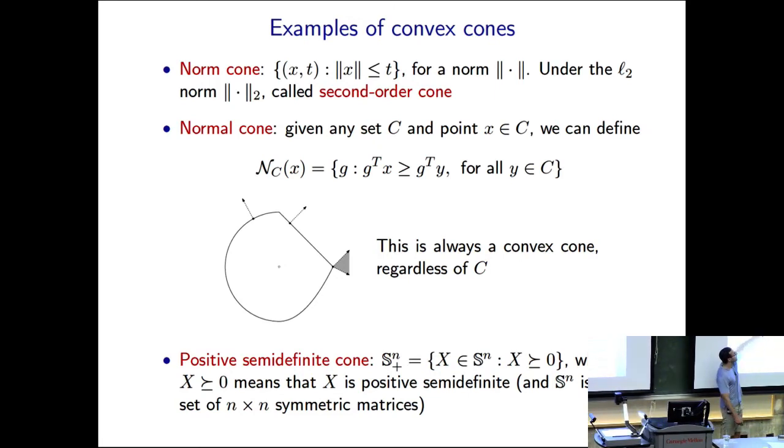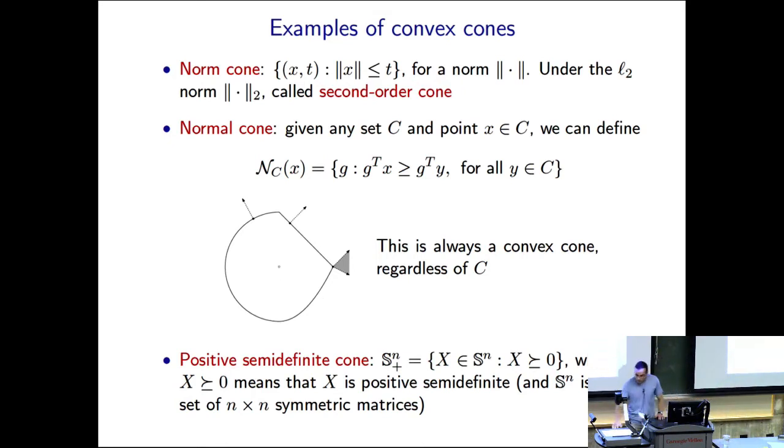So g transpose x is bigger than or equal to g transpose y for all y in the set C. I drew some examples of normal cones that protrude out from the set. They're actually translated normal cones.